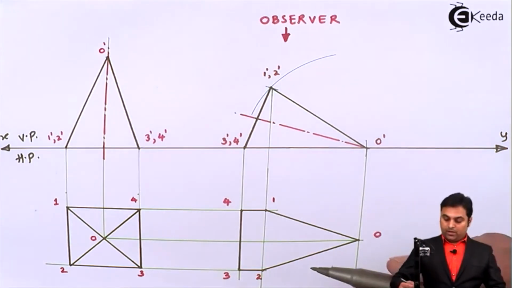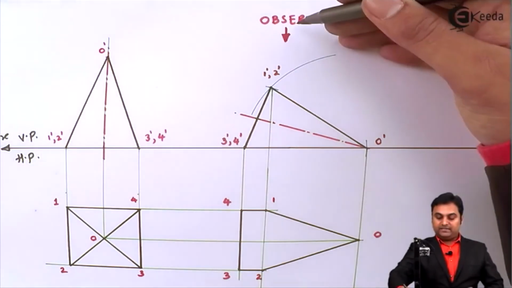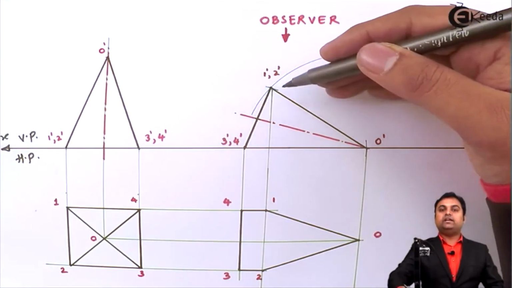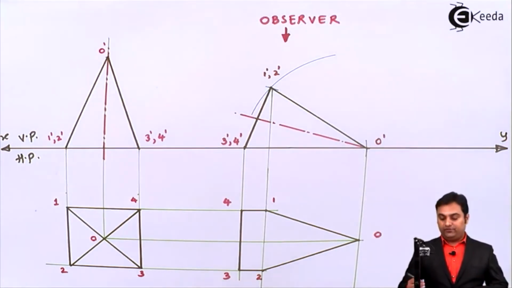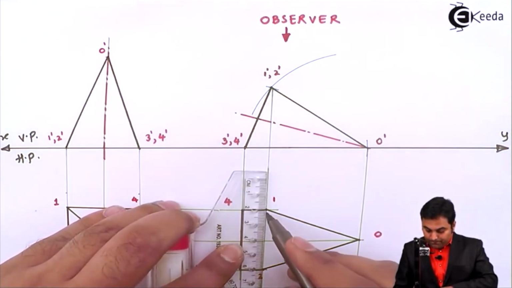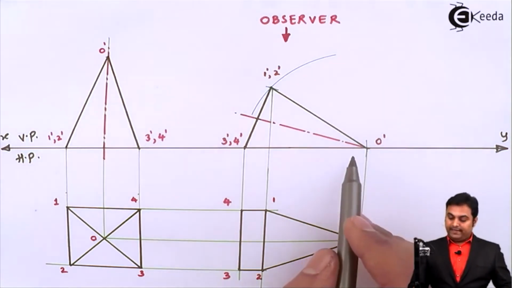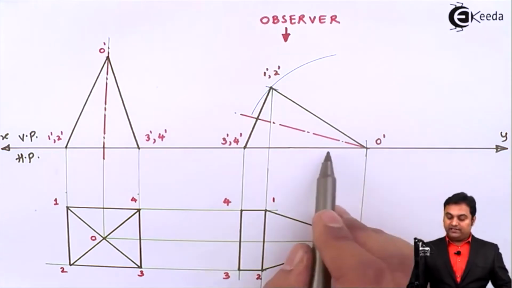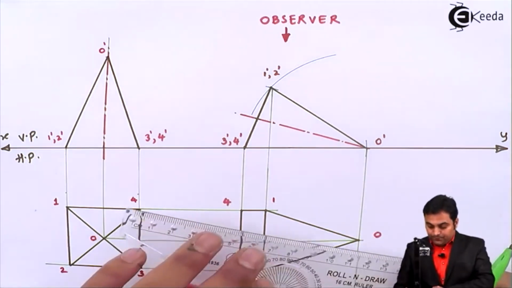Next, after drawing the outline edges dark, as an observer here I can say that edge 1 dash 2 dash will be visible to me because that is closest to the observer. So I will draw it dark. Next edge O to 3 and O to 4 is at the bottom, meaning away from the observer, so that will be hidden.